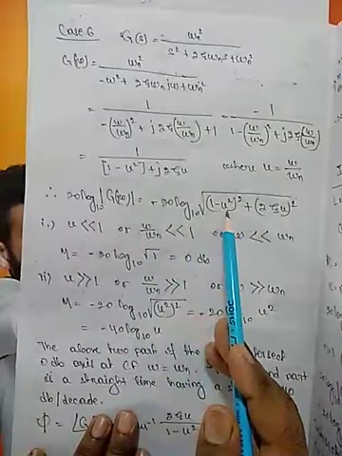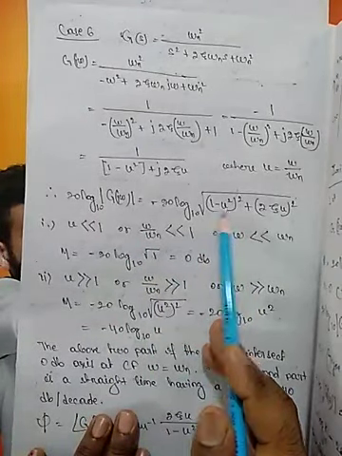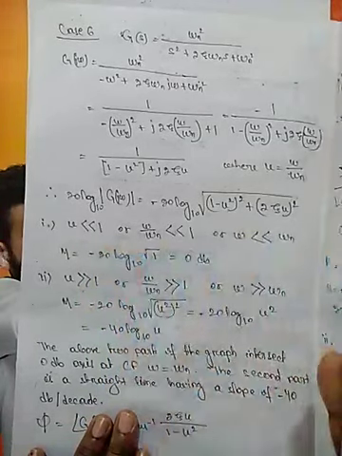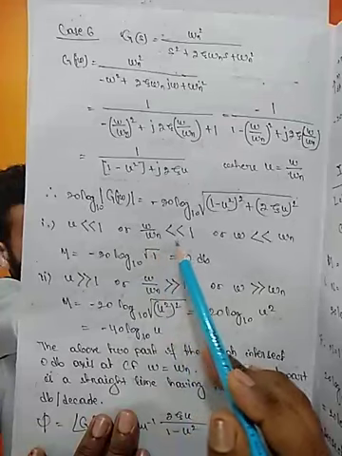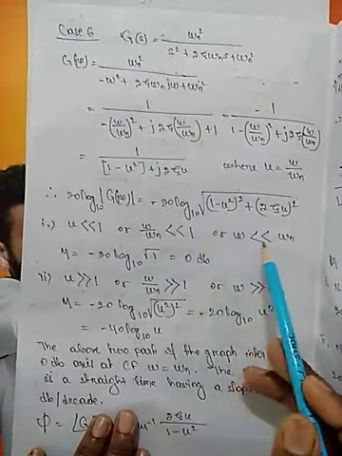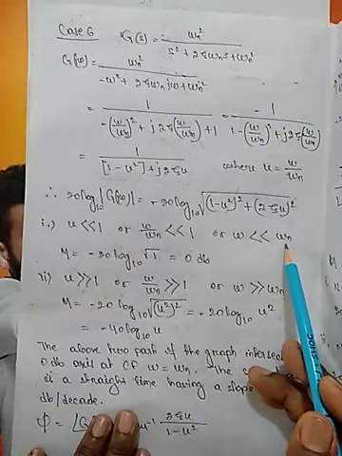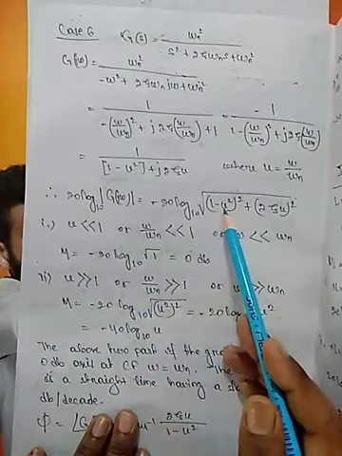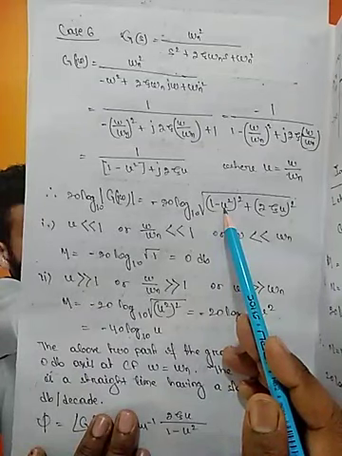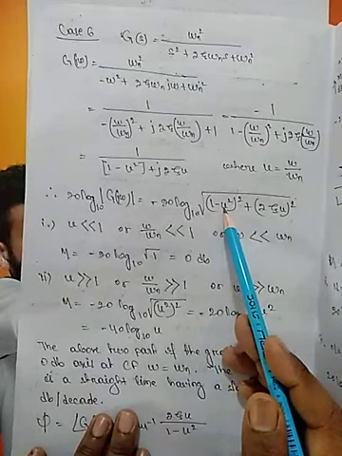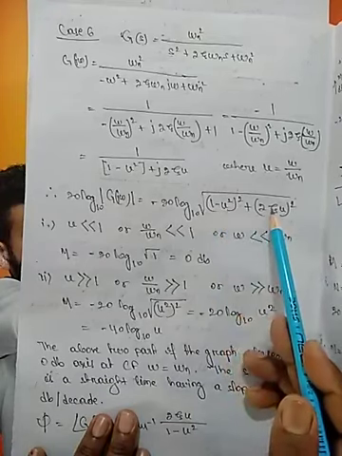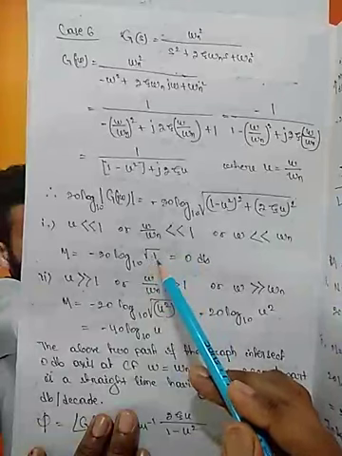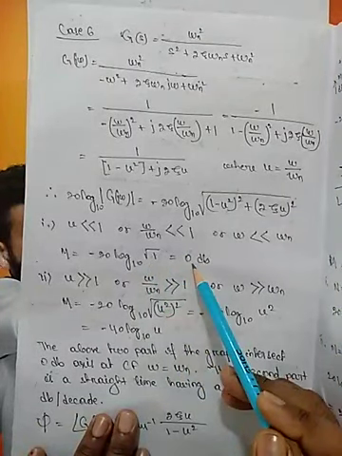If u is very less than 1, that is omega by omega n is very less than 1, or omega is very less than omega n, then the terms u square and 2 zeta u are negligible, so it is root of 1 only. It gives 0 result, 0 dB.